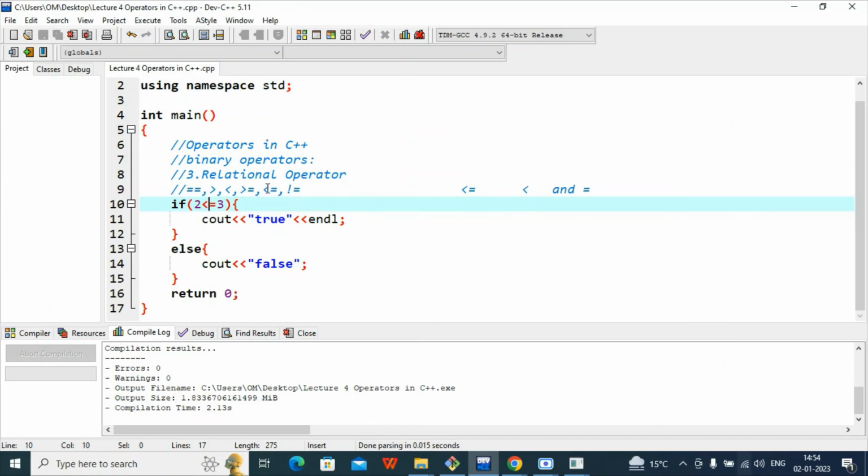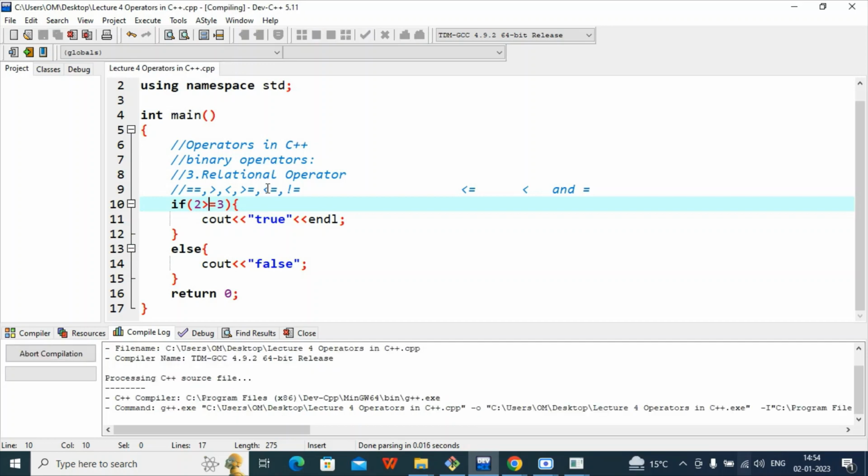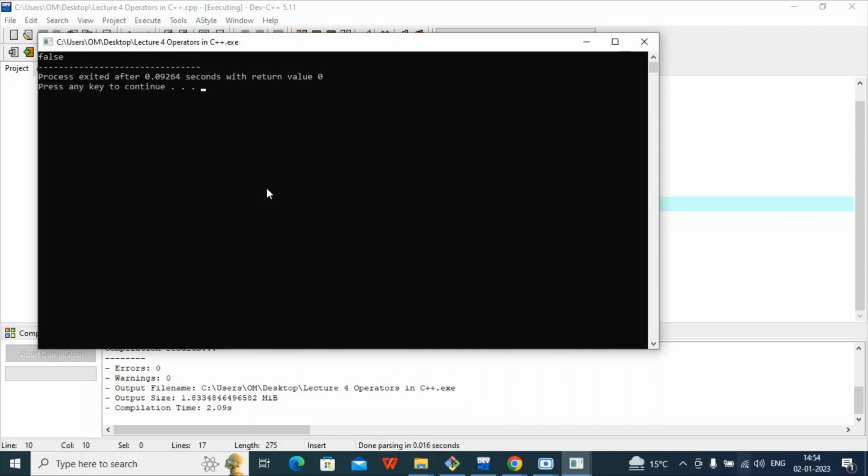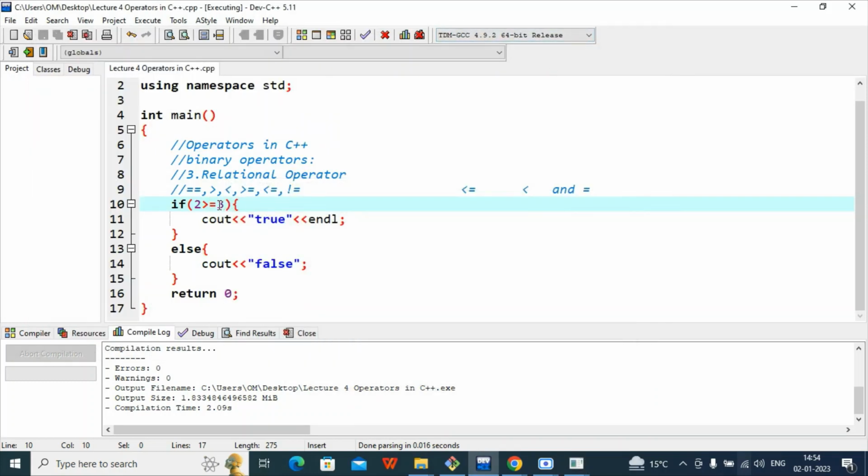But when I change the sign completely to greater than equal to 3, it gives you false, because neither is 2 greater than 3, nor is 2 equal to 3. Both are false. Not any one is true. But for less than equal to, although 2 is not equal to 3, 2 is less than 3.